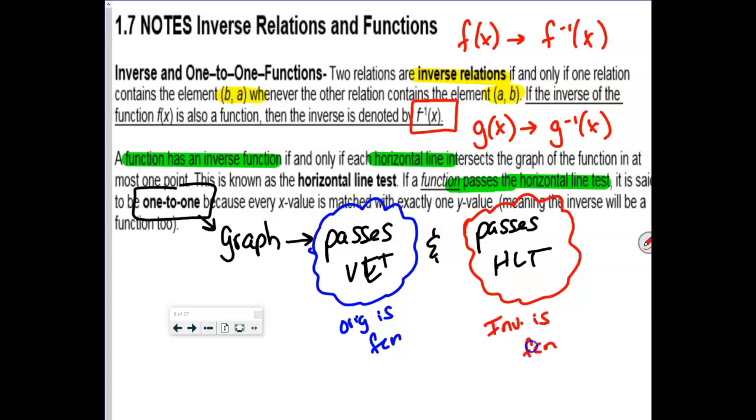So in order for you to claim that you have a one-to-one function, your graph has to pass both the vertical and the horizontal line test. There's a question on your test coming up on Friday that gives a graph and asks, is this a one-to-one function? And why? You'll throw some vertical and horizontal lines down and tell me whether it passes or fails those two tests. So it has to pass both to be considered a one-to-one function.